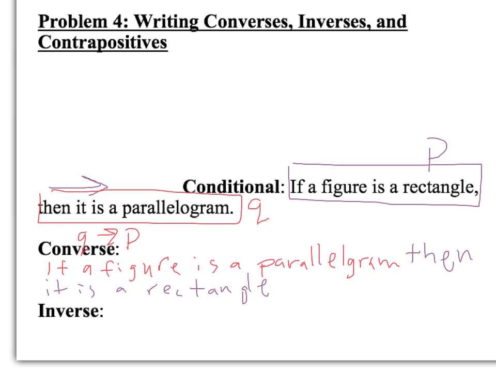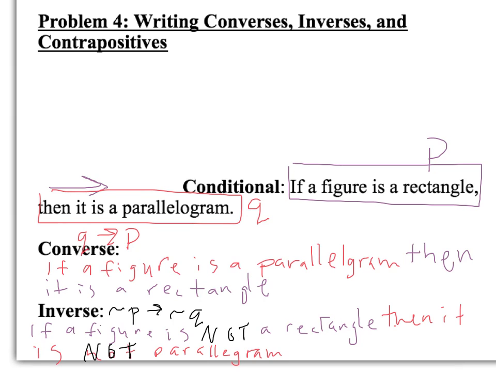Now if I want to work on my inverse, inverse is if not P, then not Q. You should push pause and try writing the statement out yourself. So that would say if a figure is not a rectangle, then it is not a parallelogram. This would also be false. A rhombus is not a rectangle, but it is a parallelogram.